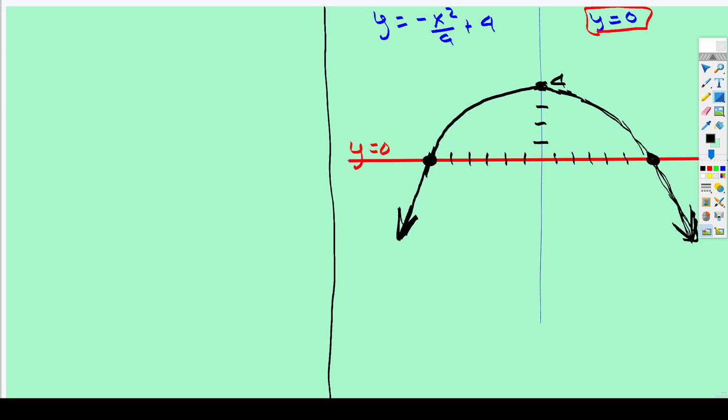So this is what it's talking about. This right here is your negative x squared over 9 plus 4, and this function, the red line, is y equals 0.